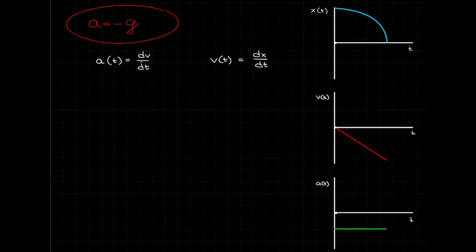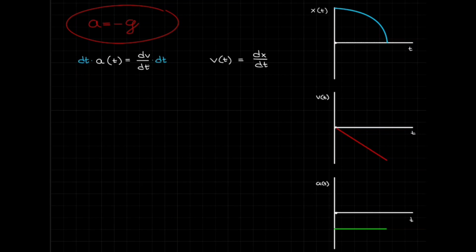Now, we can actually use some integral techniques to derive the first kinematic equation, then we can use that to derive the second one. So here's what I mean. Acceleration is defined as the derivative of velocity with respect to time. If we multiply both sides by dt, let's manipulate this equation.